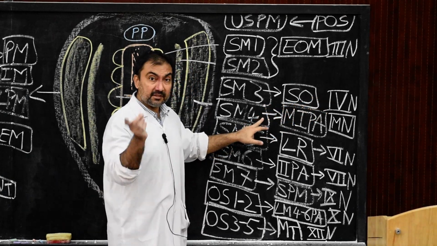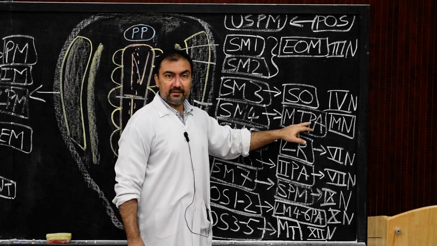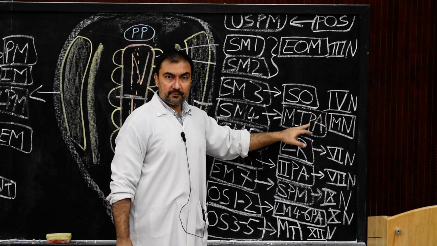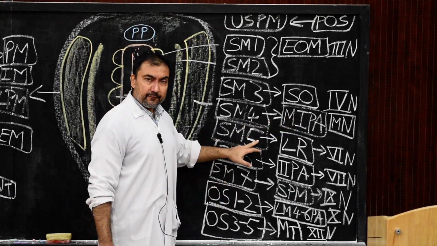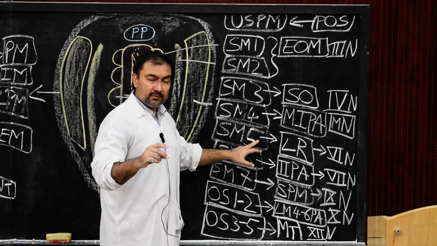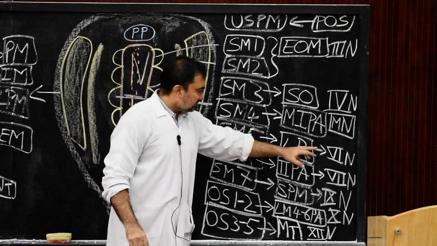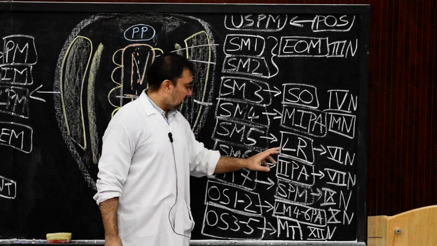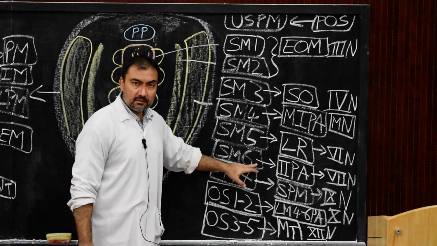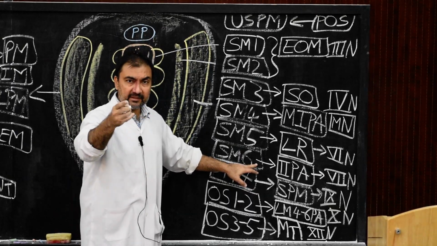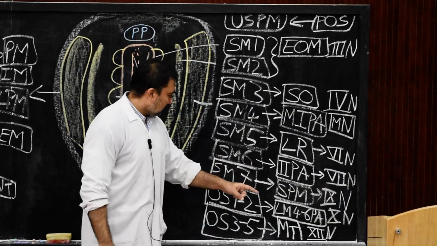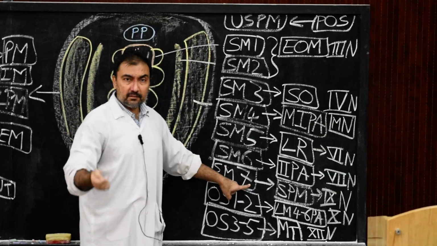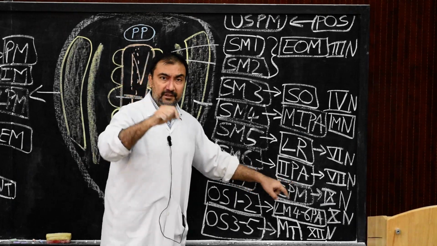Somatomere number 4, structure supplied by the 5th cranial nerve, that is the mandibular branch. Somatomere number 5, the structure supplied by the 6th cranial nerve. Somatomere number 6 will develop into the structure supplied by the 7th cranial nerve. Somatomere number 7, structures supplied by the glossopharyngeal nerve.